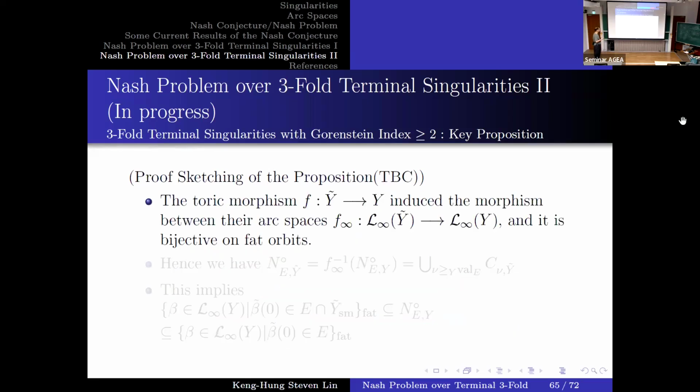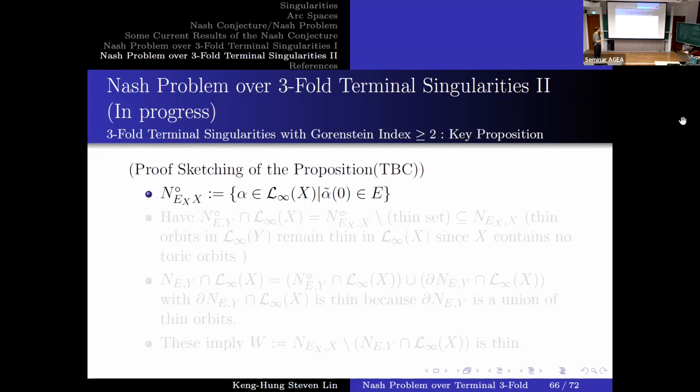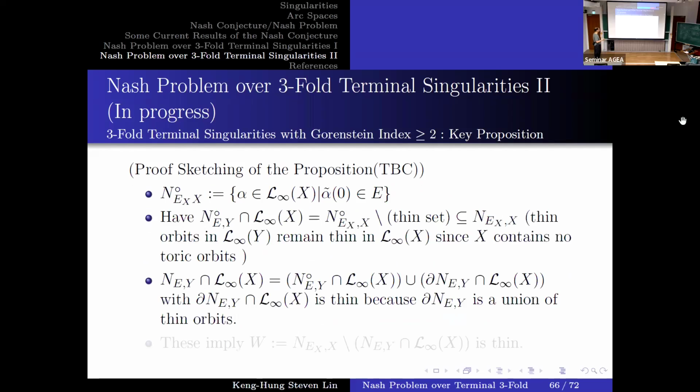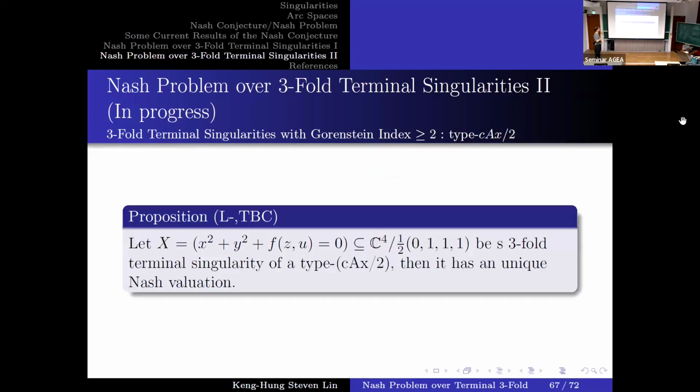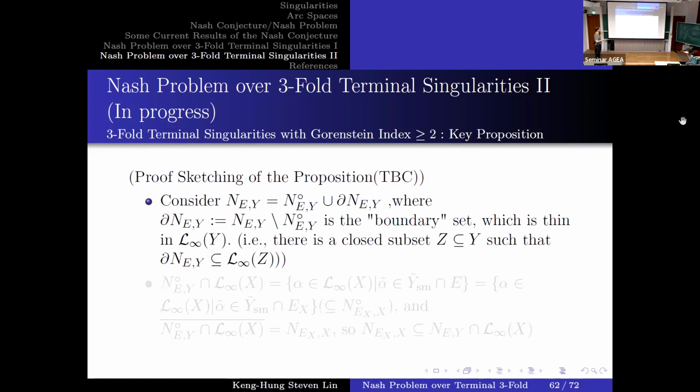As long as we can write it in this form, then by some further computations, this is a very long process, we have a bunch of containments to argue. But anyway, if the argument is correct, we can show that this W, which is defined to be the complement of the intersection, is a thin set.